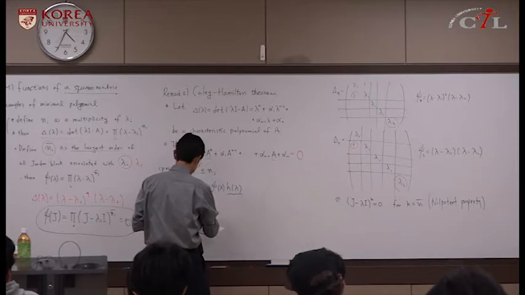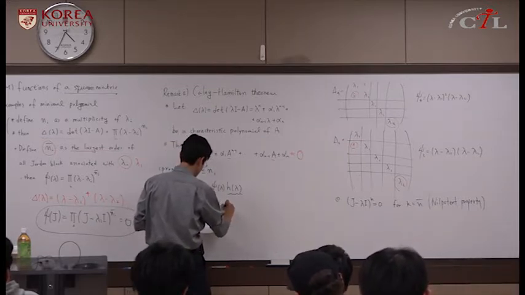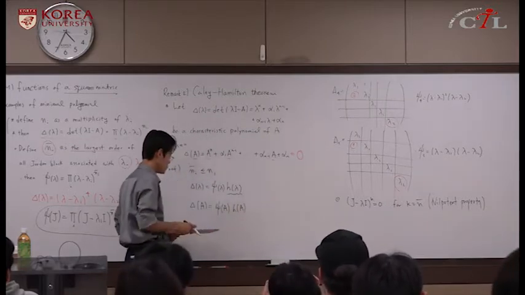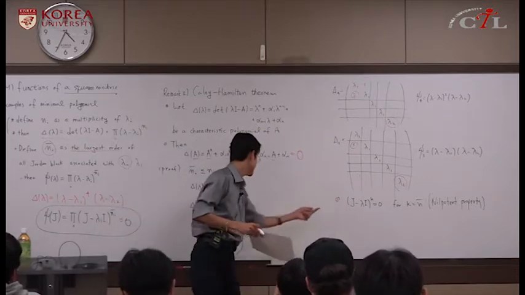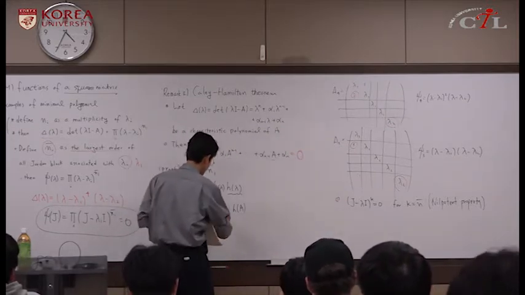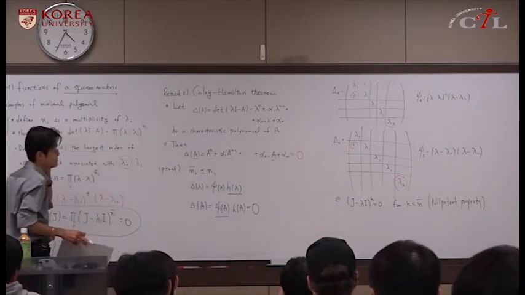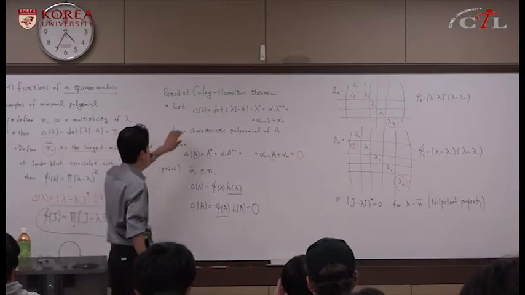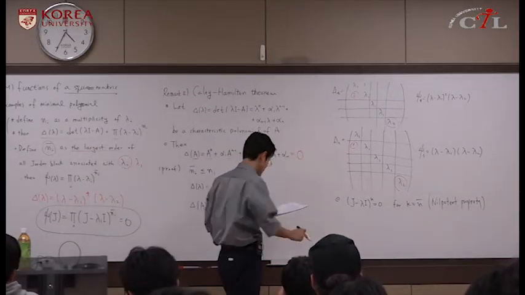Then this is given to be this form. Here, by the nilpotent property, this will go to nothing. Therefore, the total thing will go to nothing. So if we put A inside the characteristic polynomial, it will go to nothing.